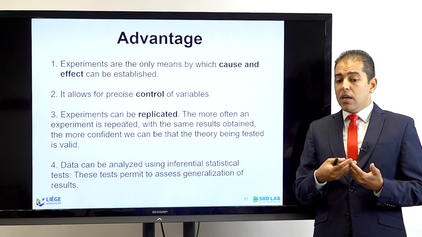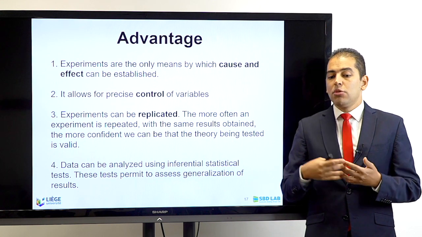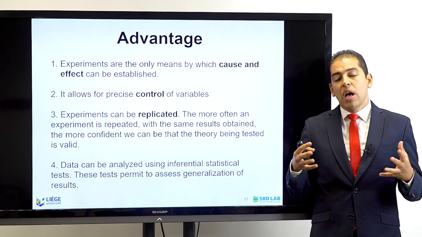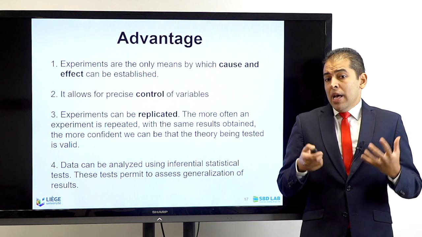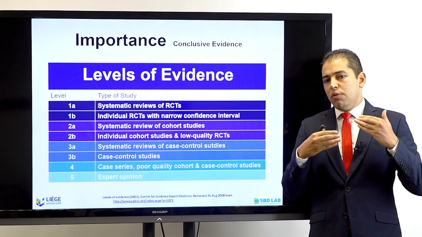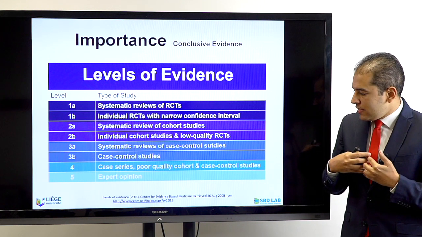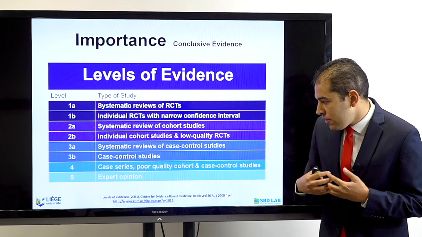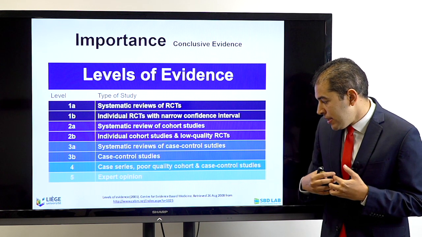So data can be analyzed and inferential statistics take place, and these tests permit us to assess the ability to generalize results. And one of the most important aspects we are looking at in the field of research is generalization. However, generalization is not easy because the levels of evidence vary. So have a look at this graph developed by the reference here. It shows the levels of evidence, developed by the Center for Evidence-Based Medicine.